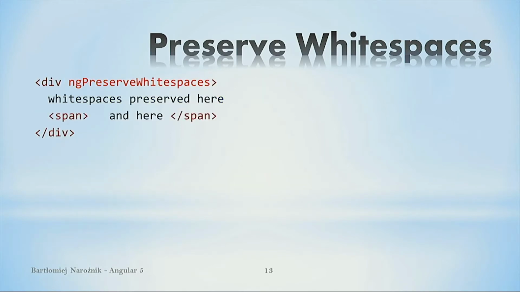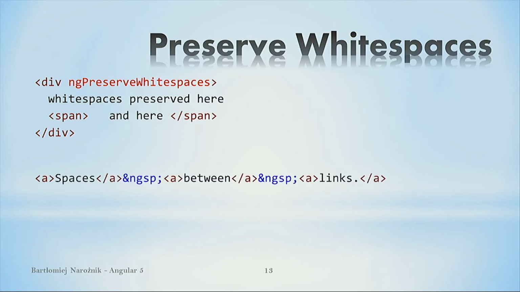But you can go even deeper and use it for just a part of your HTML code, and you can even use a new expression called ngsp. It's not a b, the second letter is g. It will be swapped during compile time to a space.